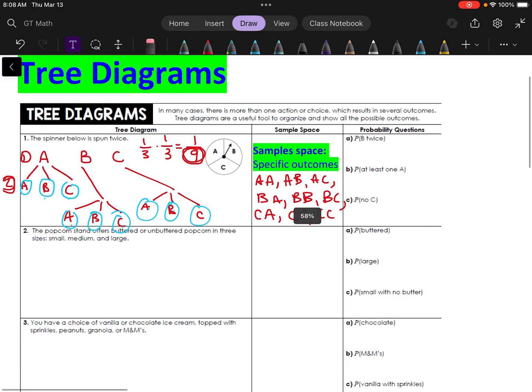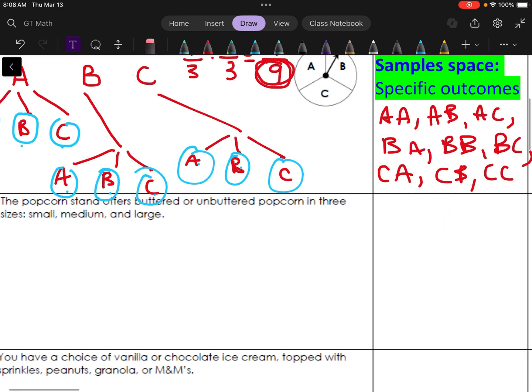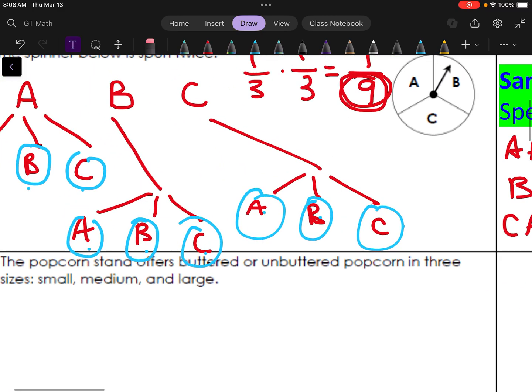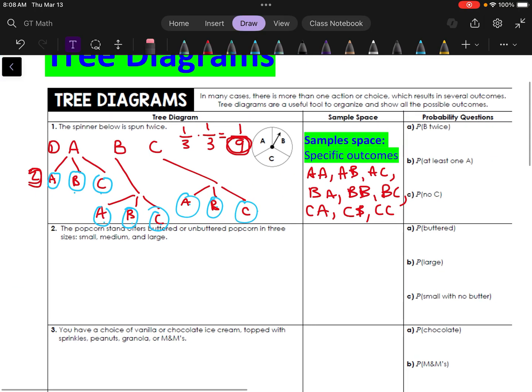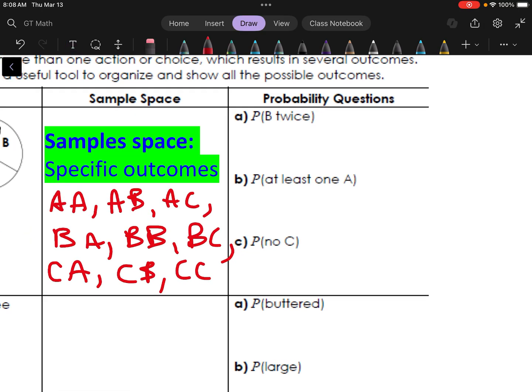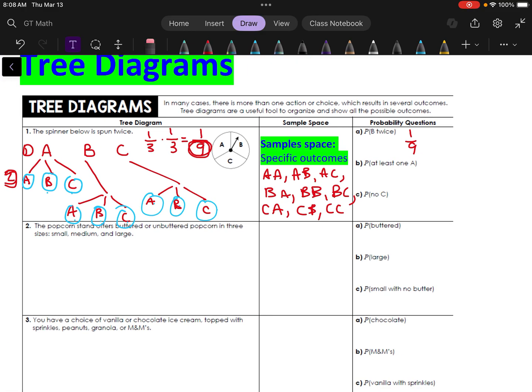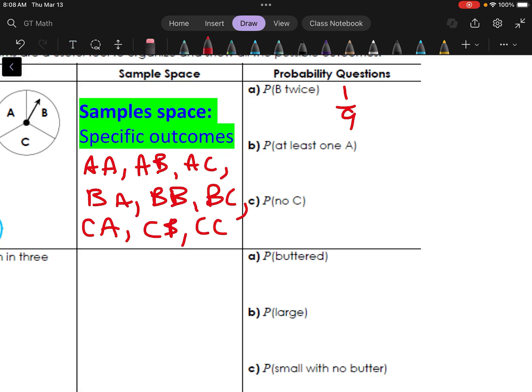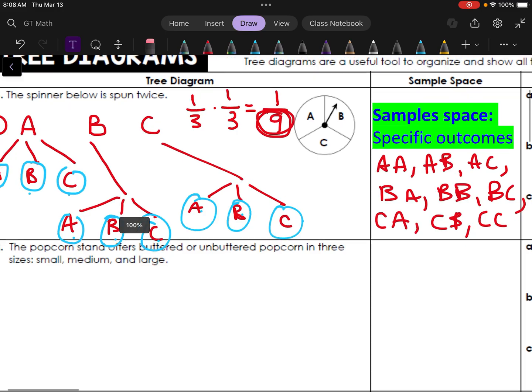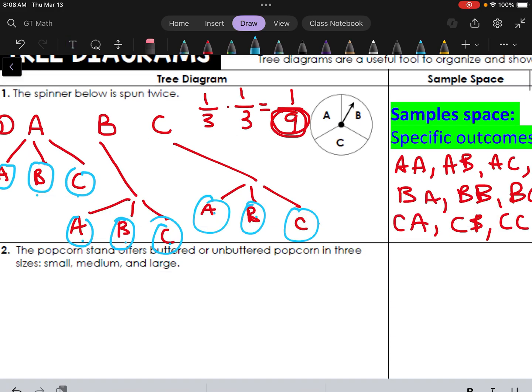So, the probability of getting B twice. Well, obviously that's only going to be 1, BB, so your chance of that is 1 out of 9. Okay, at least one A. Well, if you look, every single one of these choices has an A. Oh no, sorry, they don't all have A. Look, we've got BB, and we have CC that does not include A's.